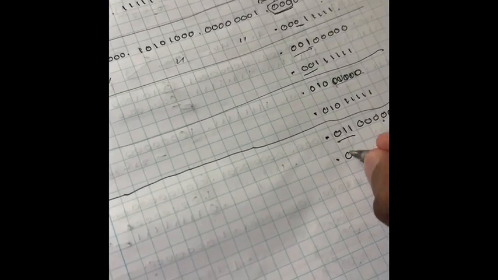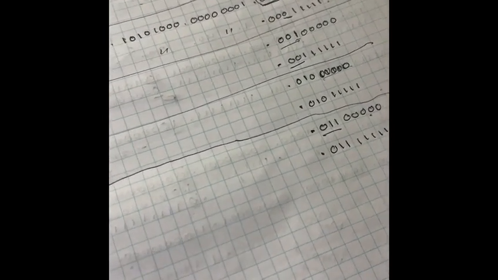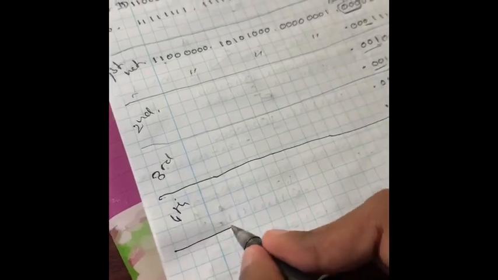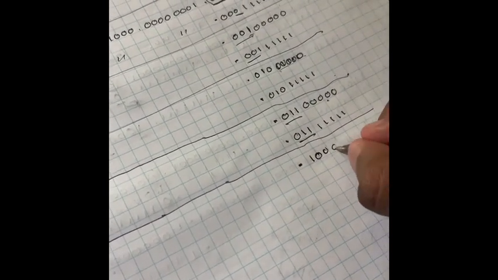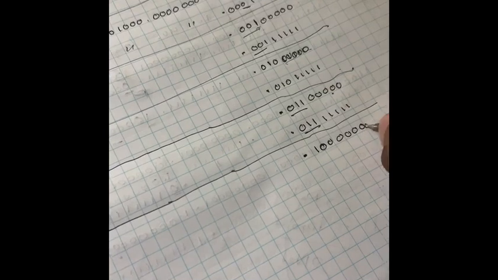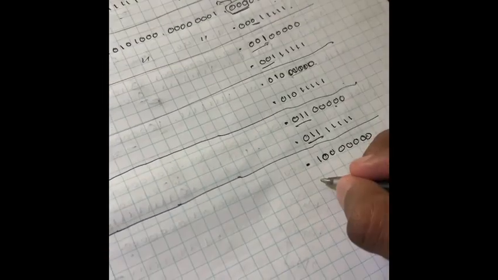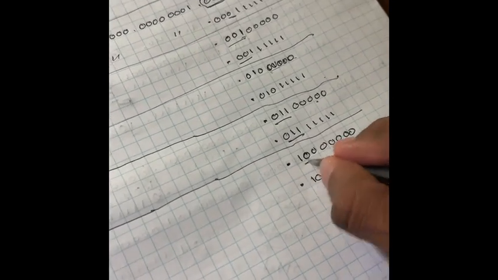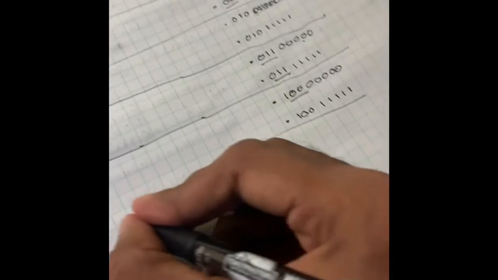And without changing these, when everything else changes to 1, that's the end of the fourth network. When this changes again to 1 0 0 and everything else to zeros, that's the start of the fifth network. And without changing this, when everything else becomes 1, that's the end of the fifth network.